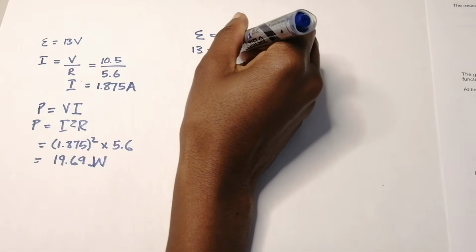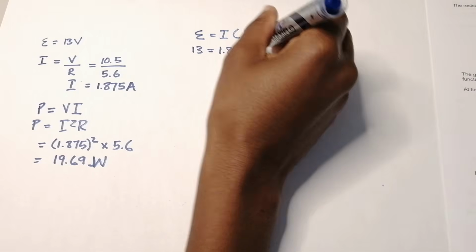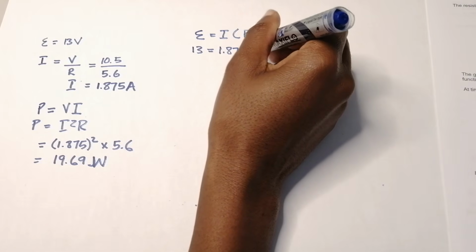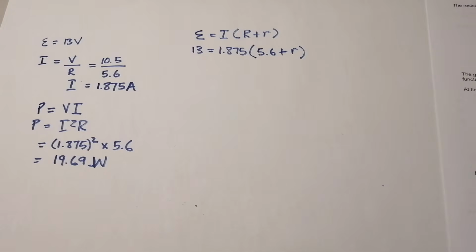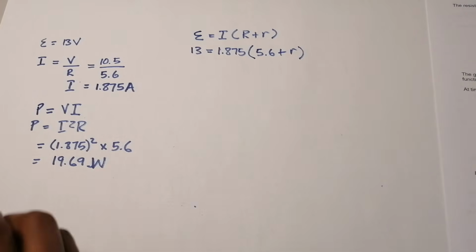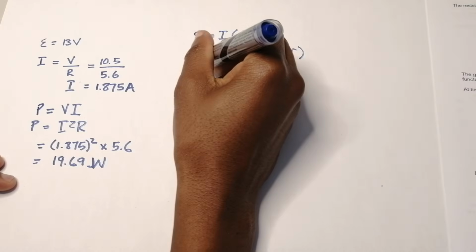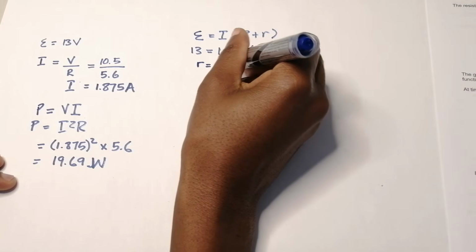Current, we've said that's 1.875 or 1.88 if you want to. R external, we're given as 5.6, and obviously we are now going to calculate our internal resistance. Of course you're going to do all your mathematical gymnastics. That's 13 divided by 1.875, and you subtract 5.6, and I get a value of 1.33 ohms.